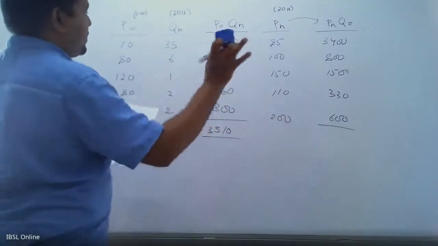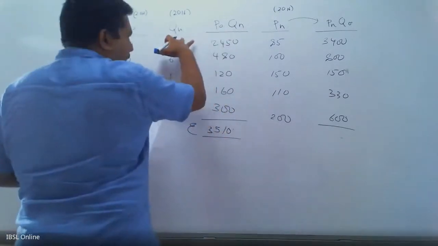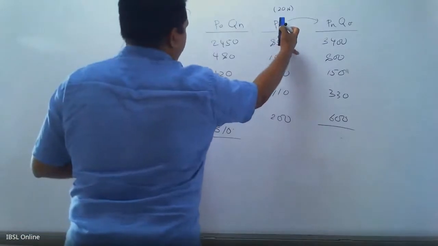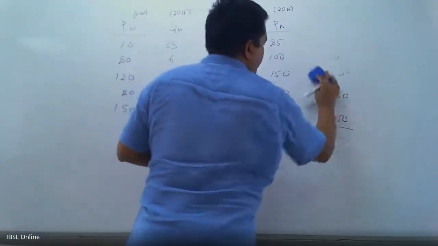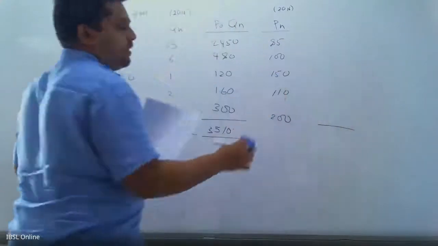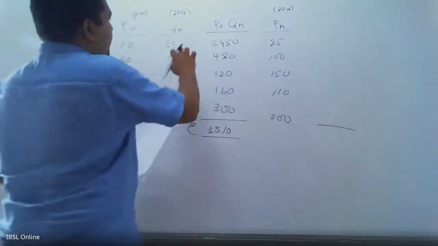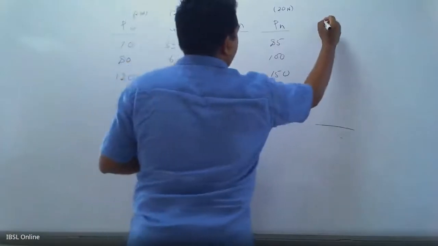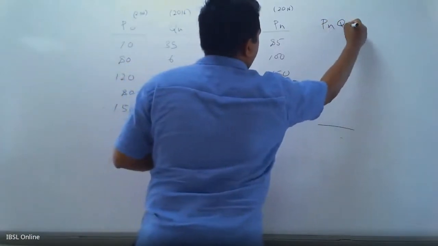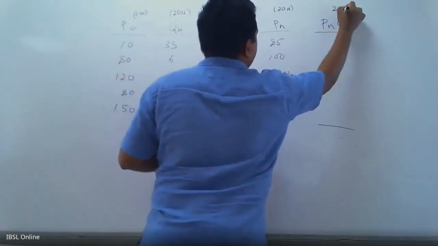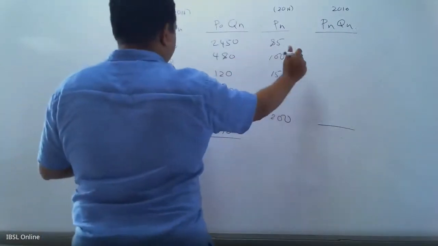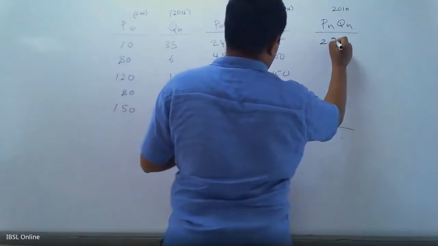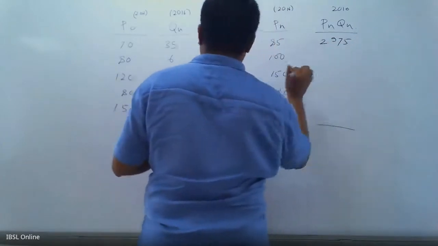Sorry. Let's see that. I have the Qn here. I have the Pn here of year 2016. What I'm going to compute is the weight of the most current point Pn Qn. This is for 2016. 35 into 85 should get 2975.